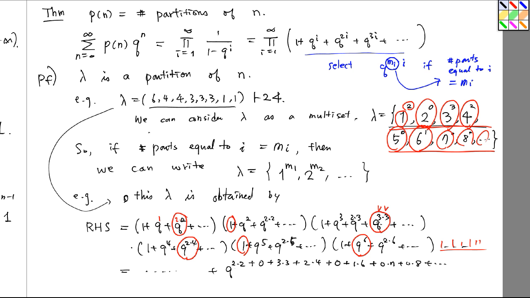This term really corresponds to lambda. So each term in the expansion corresponds to exactly one partition, and the power of q is exactly the size of lambda. So this is the proof of this generating function. Okay, this is the end of the video. Thanks for watching.